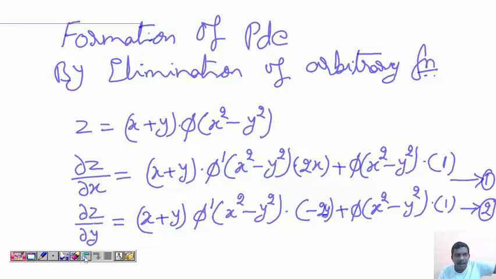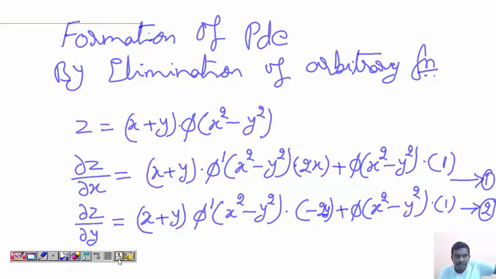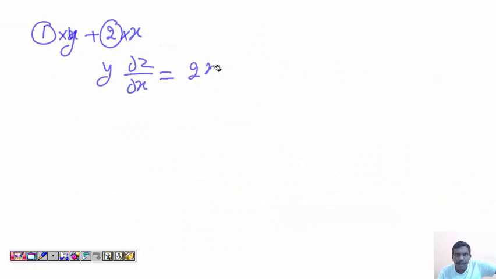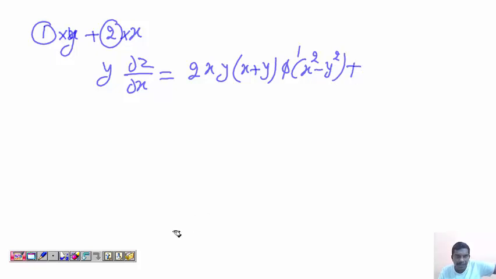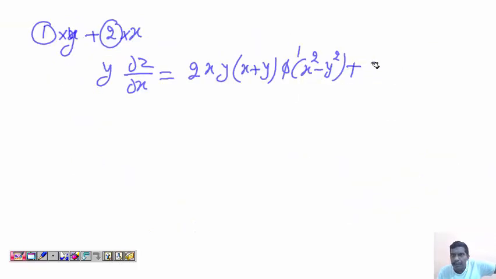Let us write the first equation here. The equation number 1 into y means y into dou z by dou x, which is equal to 2xy into x plus y into phi dash of x square minus y square, plus y into phi of x square minus y square.